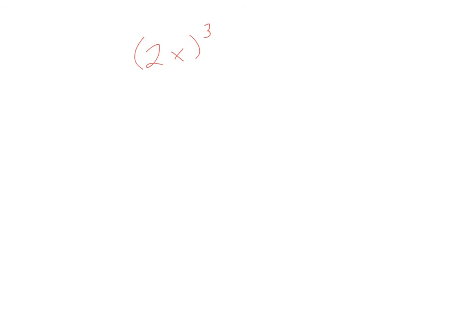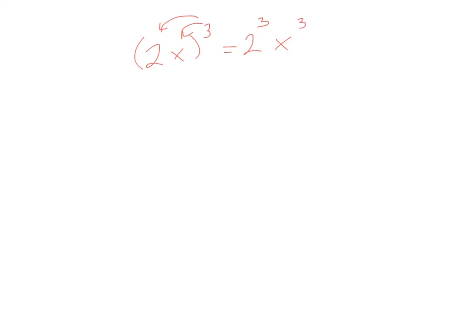One last one. On this one here, you can see that inside parentheses we have what are called terms, and here we've got 2 terms. So if you have 2 terms, you take the exponent and you share it to both terms. If you had 3 terms, you would share it to all 3 terms. So we're going to take the 3 and we're going to share it. So this is going to become 2 to the 3rd times x to the 3rd.